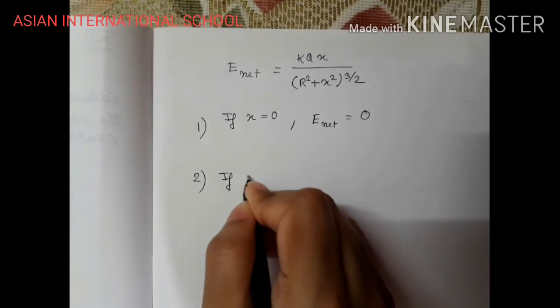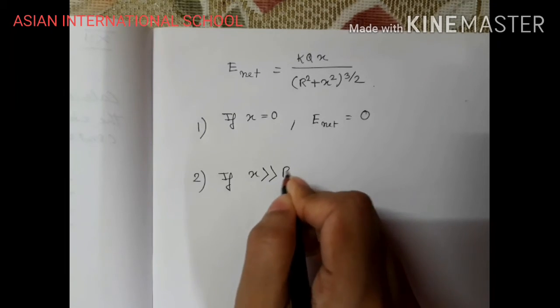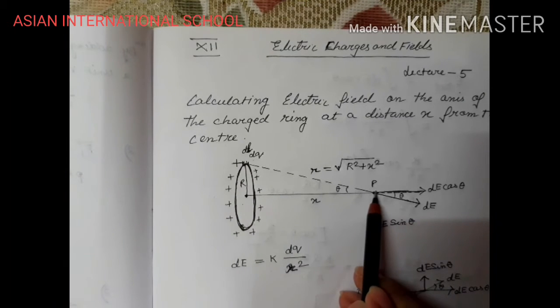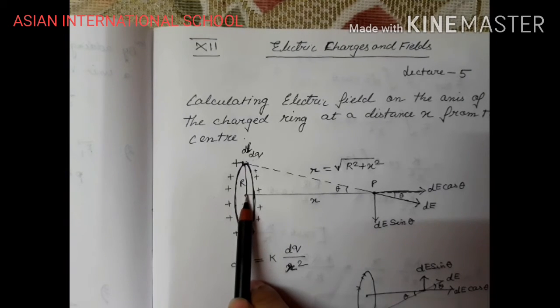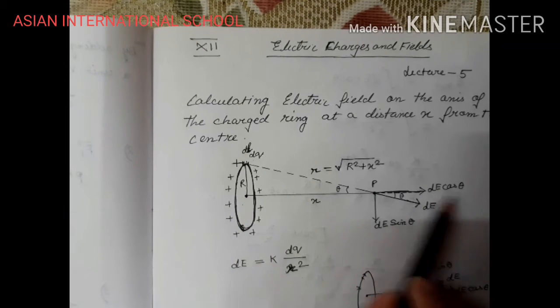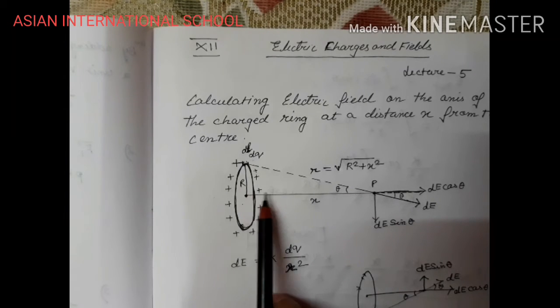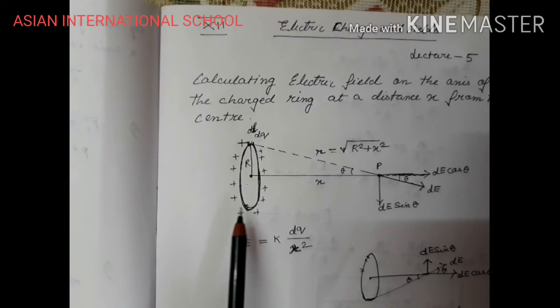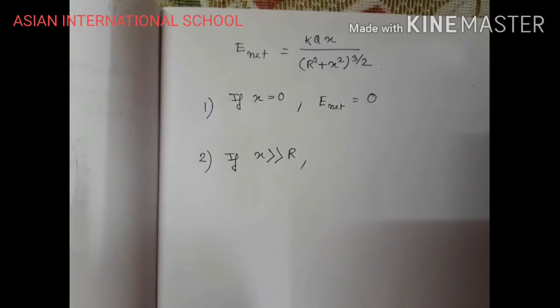Number 2: if x is much greater than R. This is the radius and this is your x. You are observing the ring from a very far distance, much larger than the radius of the ring. If you observe anything from very far, do you expect the ring to look like a ring? No. The ring will appear as a point charge when observed from very far. So let us find the electric field.